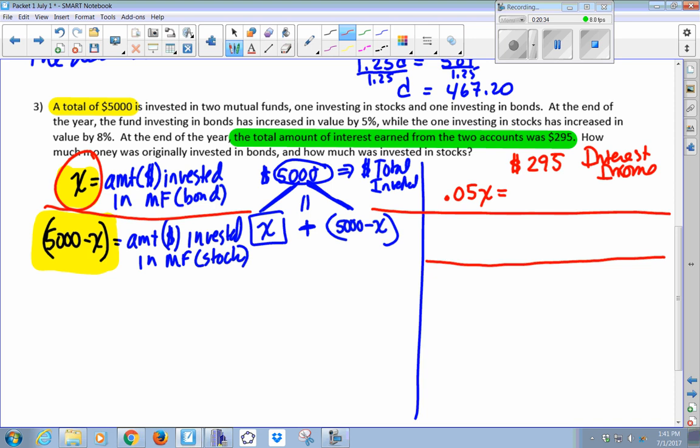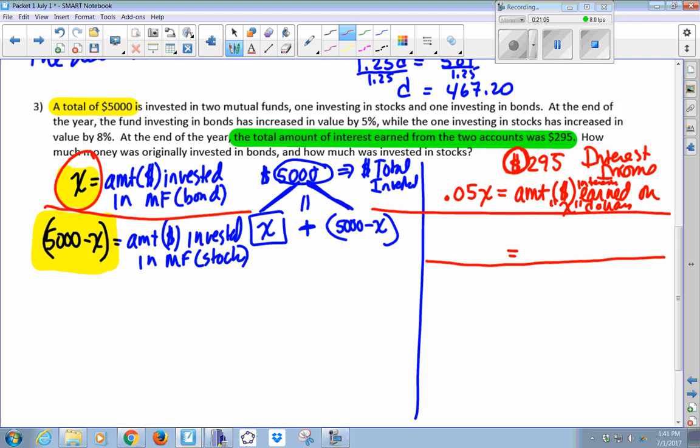And remember, 5% has no units. You want your unknown quantity here to be in dollars. So 0.05x represents the amount in dollars earned on what? The investment of X dollars. That's how much interest you've earned on X dollars.